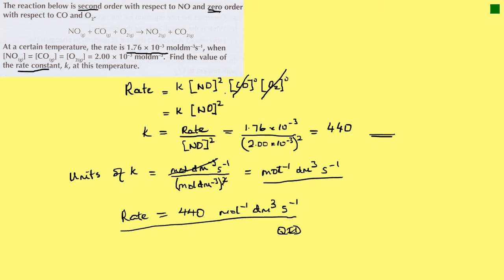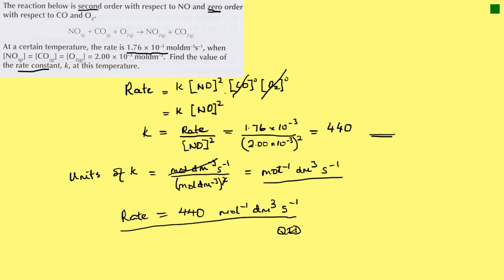Second reactant is carbon monoxide, and we're told in the question that it is 0 order with respect to carbon monoxide, and our third reactant is oxygen, right? And we're told in the question that it's also 0 order with respect to oxygen, so we put a little 0 up there.